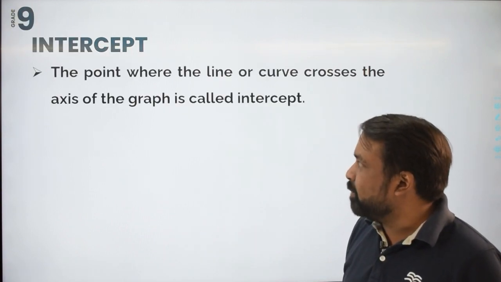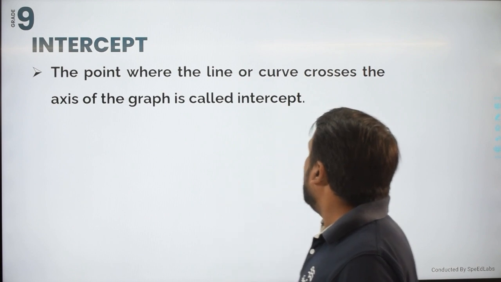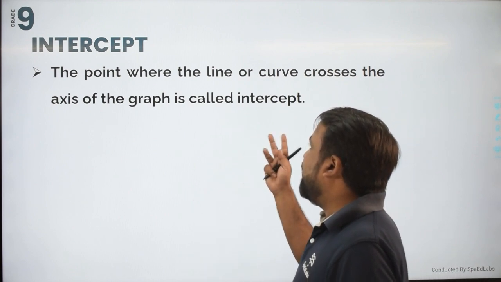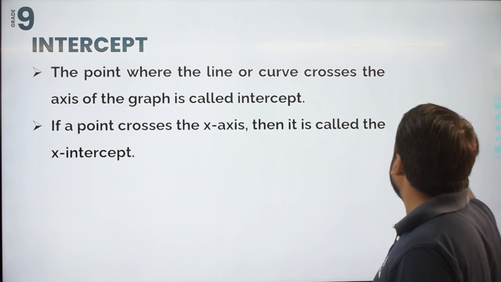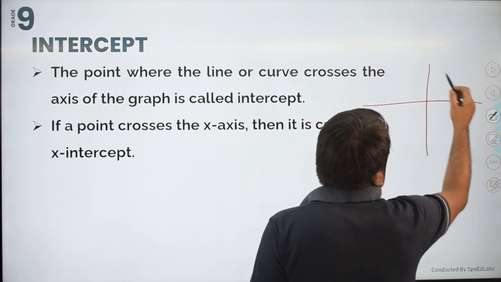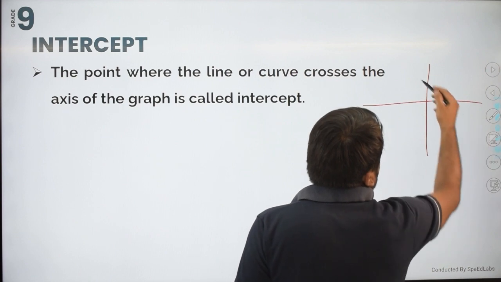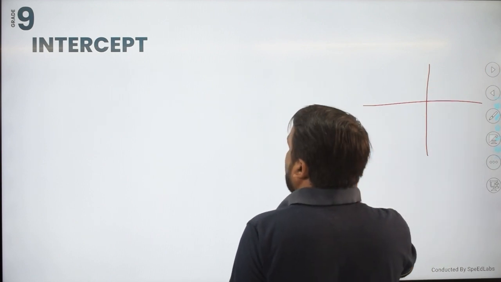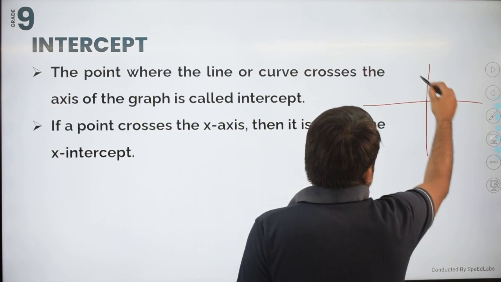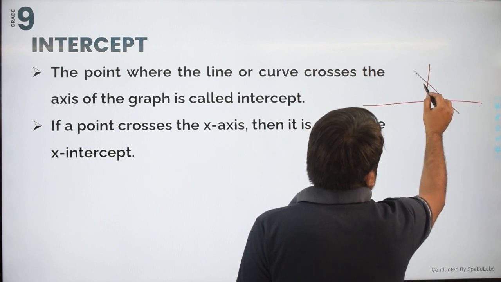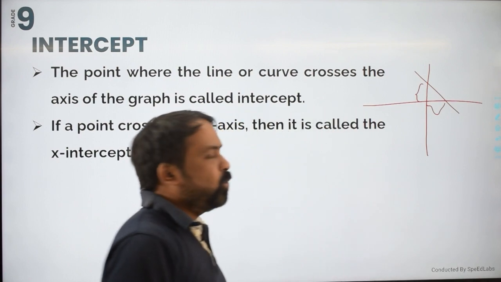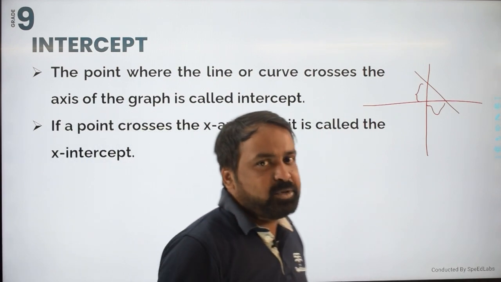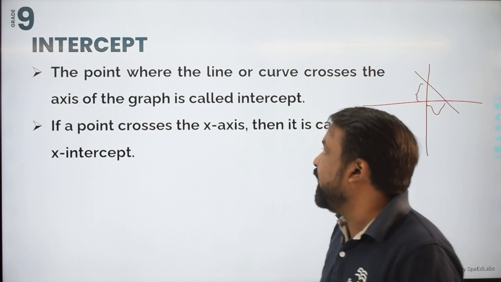Now next is intercept. The point where the line or curve crosses the axis of a graph is called intercept. Let us suppose that this is the x-axis, here the y-axis is there, and let us suppose this is that particular line. If this is the line, then the portions that this line cuts here and here are called the intercepts on the x-axis and y-axis.